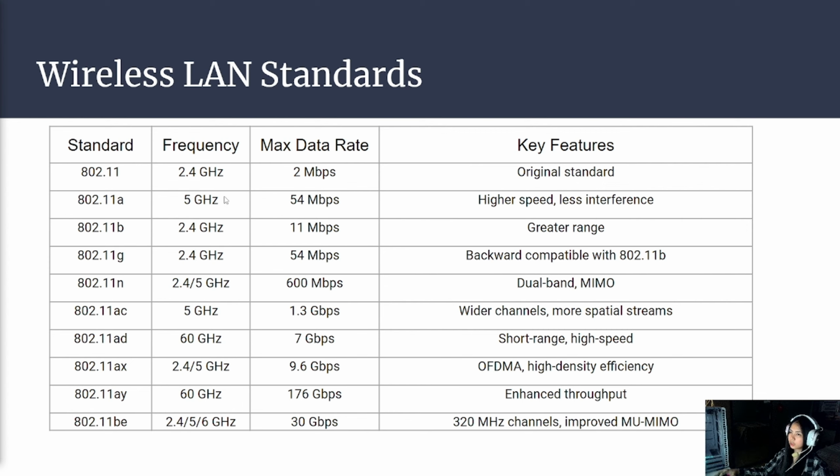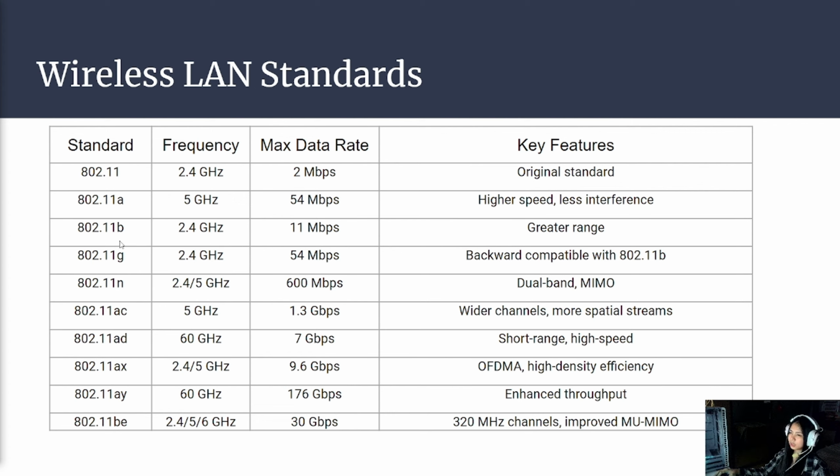The original standard is the 802.11, which operates in a frequency of 2.4 GHz. Max data rate is 2 Mbps. The next one is the 802.11a. Frequency is 5 GHz. Max data rate is 54 Mbps. The key feature of this one is it has higher speed and less interference.